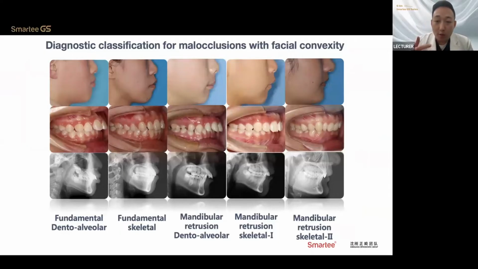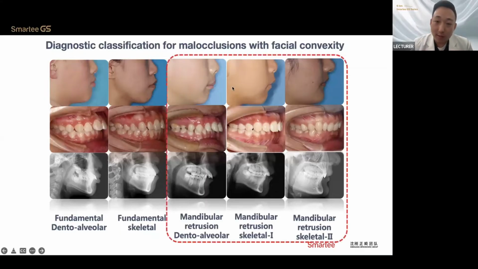During the previous course, the other lectures have talked about the details about the classification. Today I will emphasize the last three types, which are the indication for S8 SGTB.